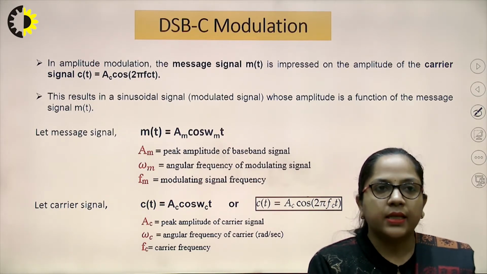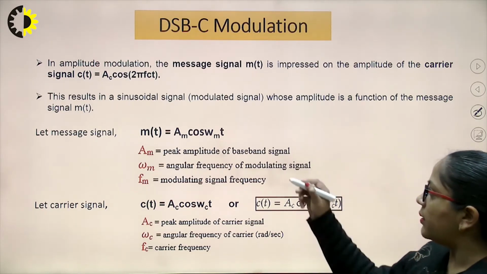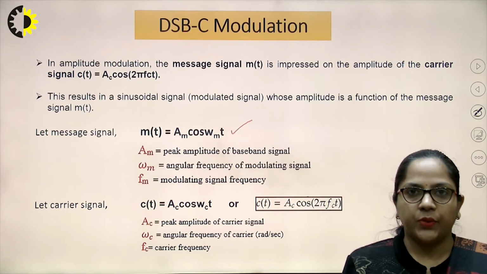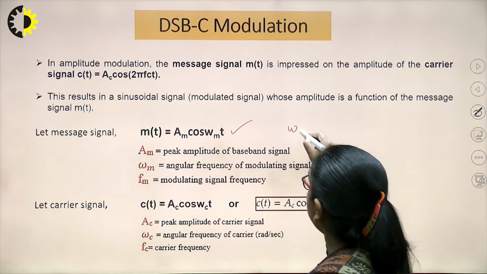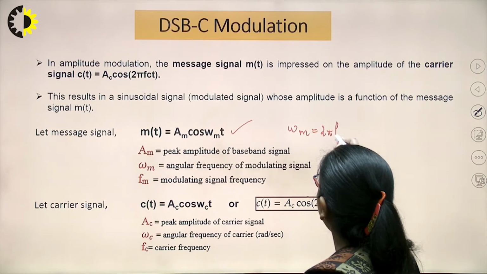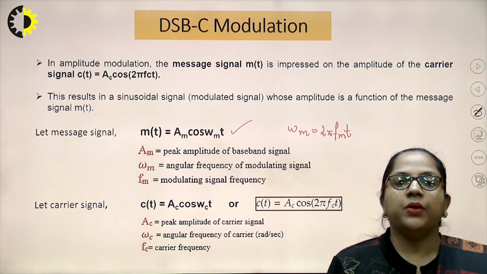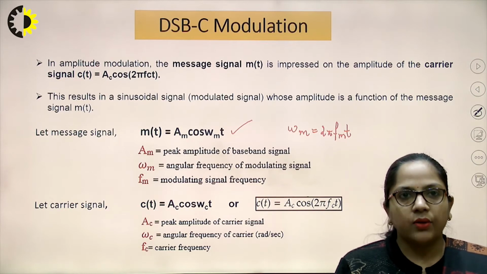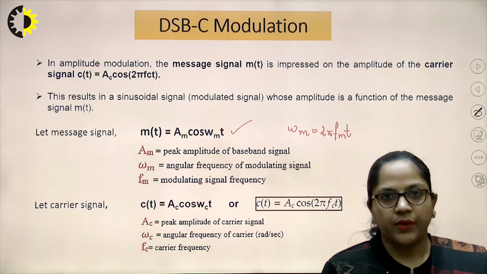We can represent the message signal mathematically as m(t) = Am cos ωm t, where ωm = 2π fm. Am is the peak or maximum amplitude of the message signal, ωm is the angular frequency of the modulating signal, and fm is the modulating signal frequency.